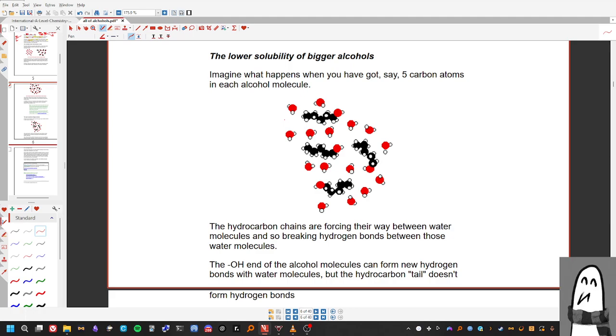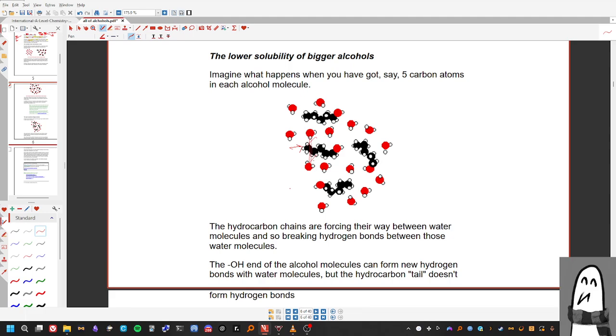The hydrocarbon chains are forcing their way between water molecules, breaking the hydrogen bonds between those molecules. So you have a hydrogen bond between this one and this one, going this way. However, the moment this one comes in between, it breaks these hydrogen bonds, correct?